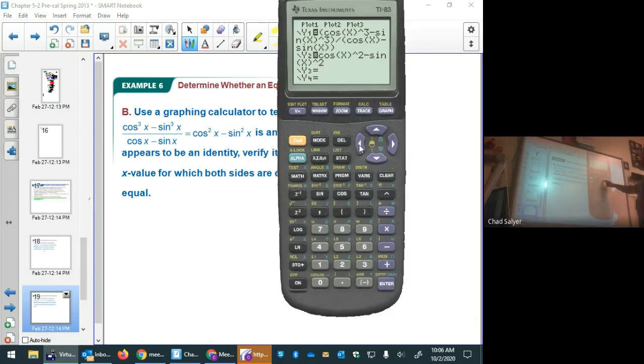And again, I'll make the second line a fatter line so we can see more clearly what's going on. Otherwise, it just overwrites and it looks like one single line. So again, we are challenging the little TI processor here. All right, and we see clearly those graphs do not overlap. And so this is not an identity in this case.